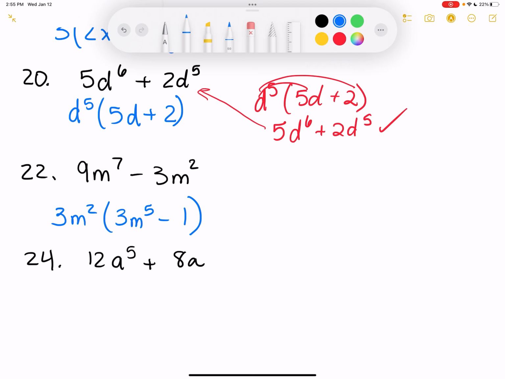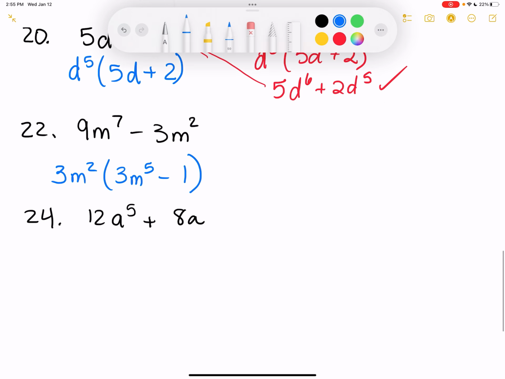All right. So, 12 and 8, what do they have in common? 4. So I can take out a 4. And then how about the variables? Is there something in common there I can take out? A. Okay, how many of them? One. Okay, just 1. So if I take out 4 from 12, what am I left with? 3.